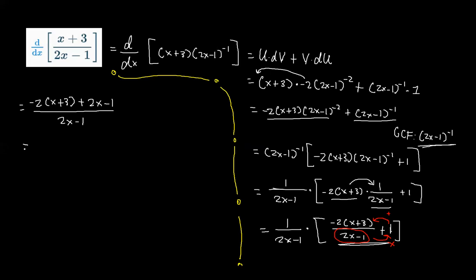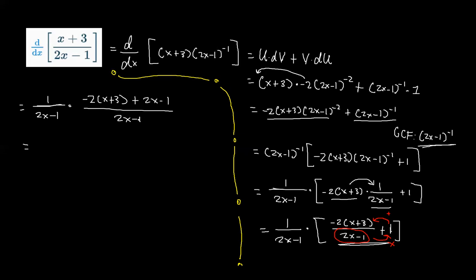Oh wait, I'm sorry, forgive me, I forgot to include this one. So this would be 1 all over 2x minus 1 times negative 2x plus 3 plus 2x minus 1 all over 2x minus 1.